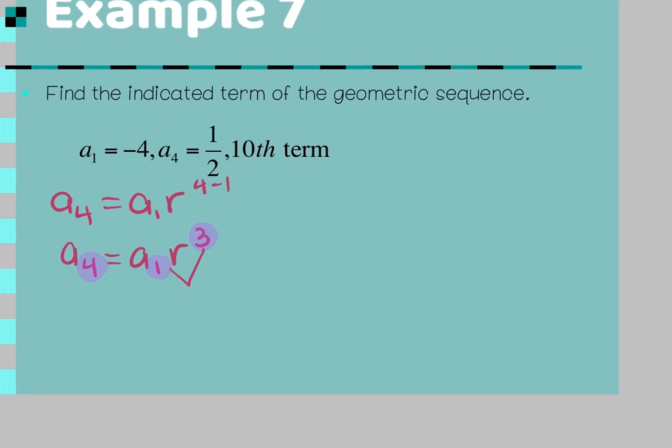So now if I plug in, a4 is 1/2. a1 is -4. r is being raised to the 3rd power. I would divide both sides by -4, or multiply by -1/4. And I get r to the 3rd equals -1/8.